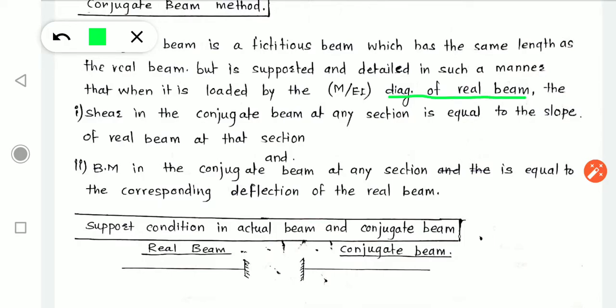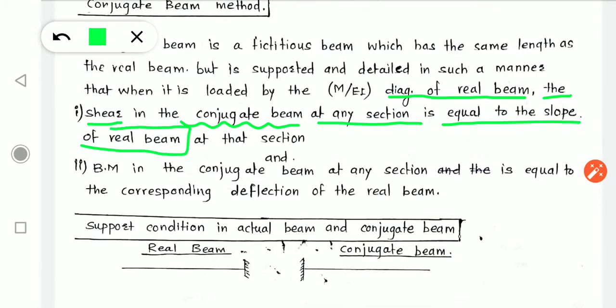The diagram of a real beam. The shear in the conjugate beam at any section is equal to the slope of the real beam. So the first purpose is achieved. We are able to find theta or slope at any point. Let's suppose A, we have to take the shear force at point A in the conjugate beam. Understood?